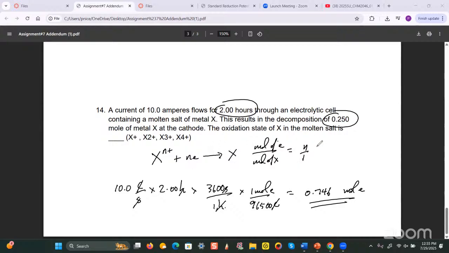And that would be equal to the moles of electrons here, which is 0.746 moles, divided by the moles of the metal X, which is 0.250 moles, right? So 0.746 divided by 0.250 gives 2.98. But since we know that the number should be an integer, we can simply round this off to 3. So that means that the charge on the metal X will be +3.